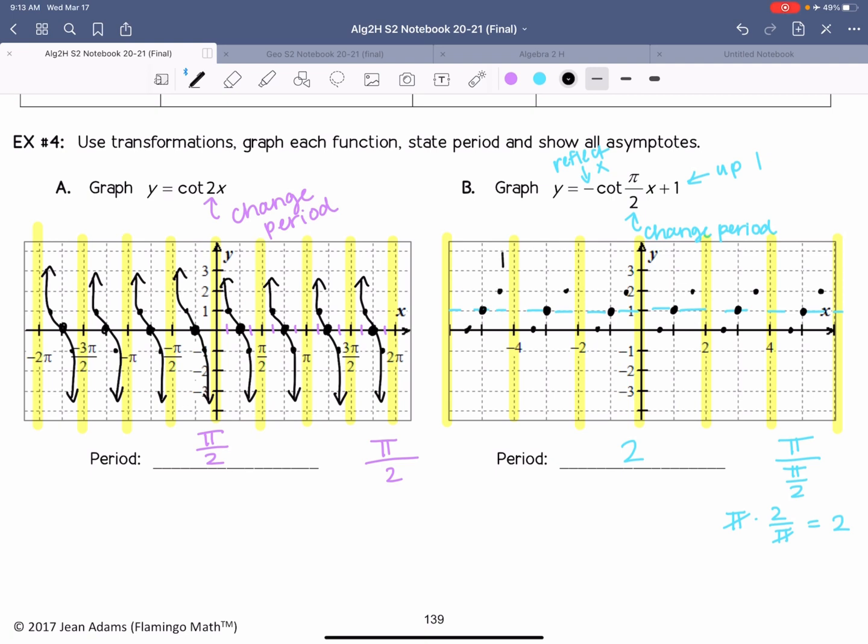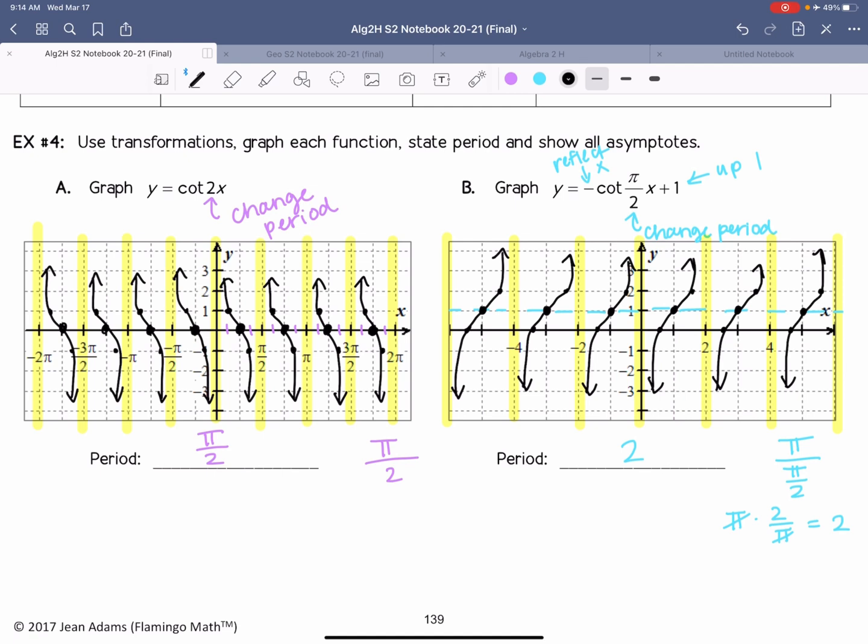And then connect and snake. Oh, that last one was bad. Perfect. So that is our tangent and cotangent graphs.